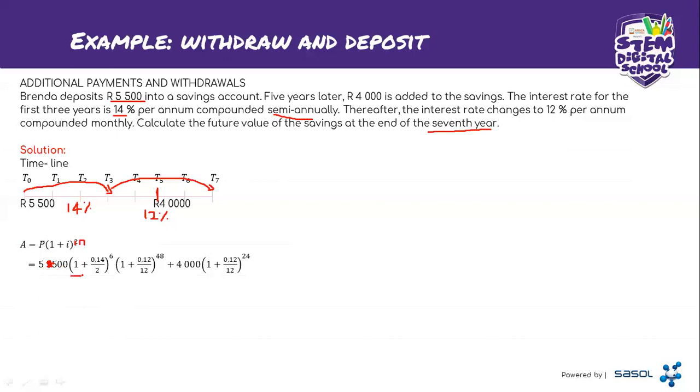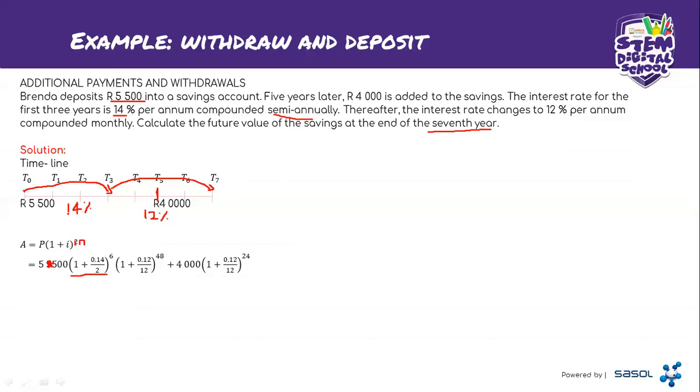All right, now let's talk about the first bracket. For the first 3 years we have to calculate the interest. Why not the entire 7 years? Because the interest rate changes. For the first 3 years we have a specific interest rate, which is 14%.